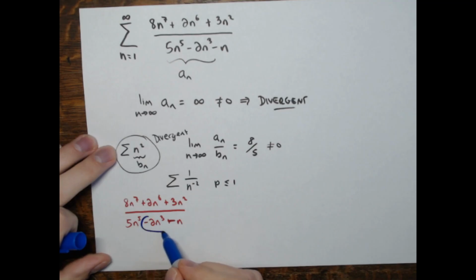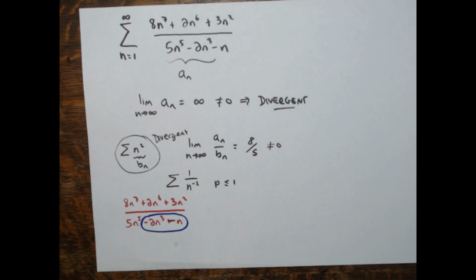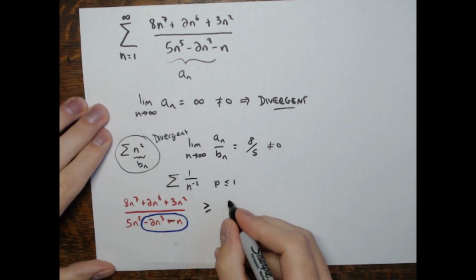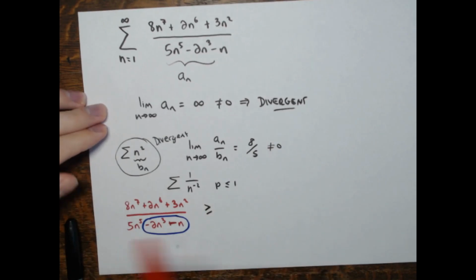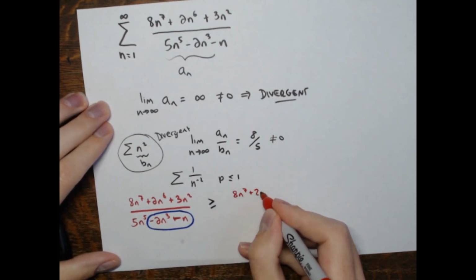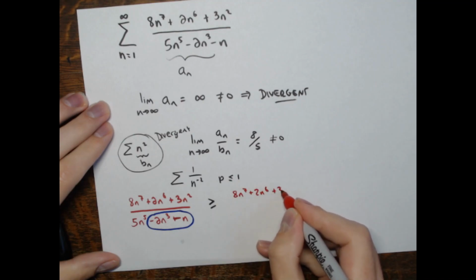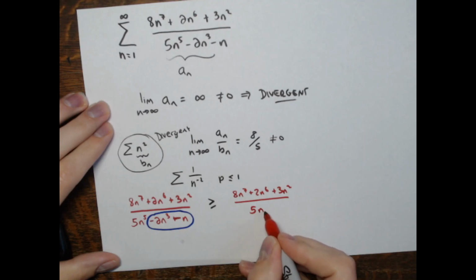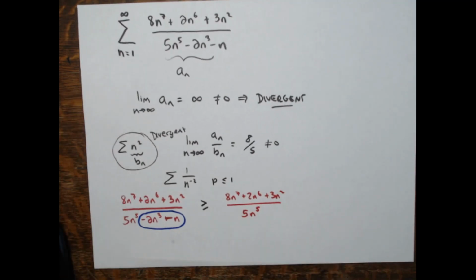If you get rid of negative terms in the denominator, that's like adding, you're making the denominator bigger, which makes the value smaller. So this fraction here will be greater than or equal to 8n to the seventh plus 2n to the sixth plus 3n squared over, and then just the 5n to the fifth term.